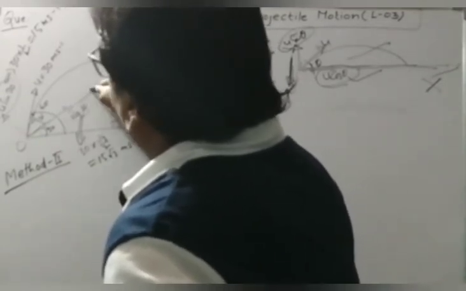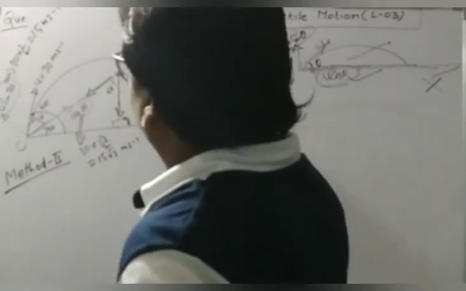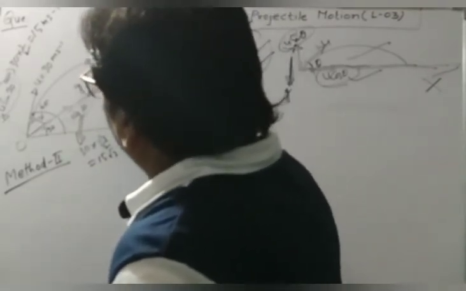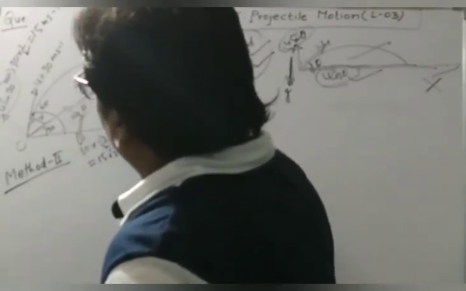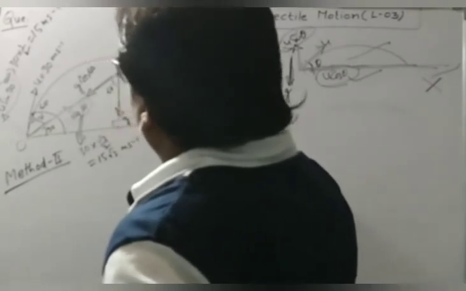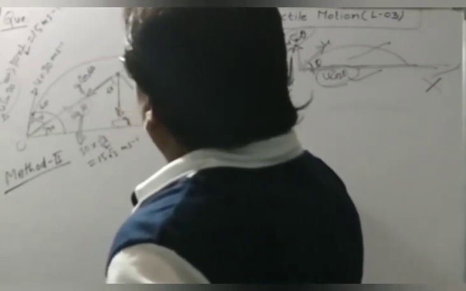So this line, if we split this g along vertical and horizontal components, this will be g cos 60 and this will be g sin 60 degrees. So what is this?